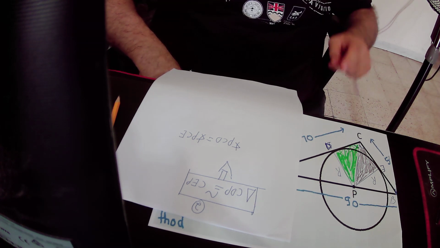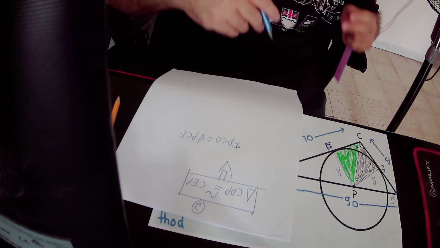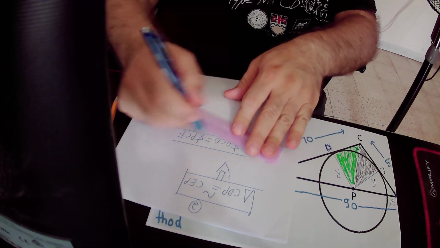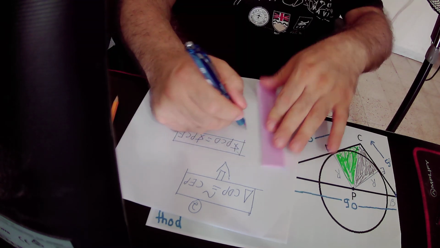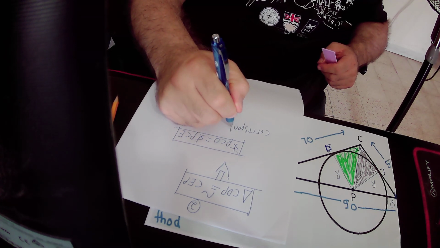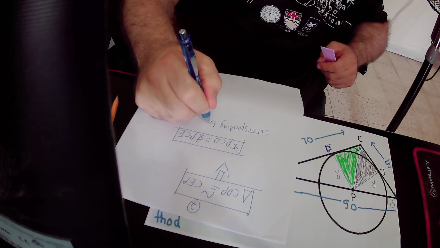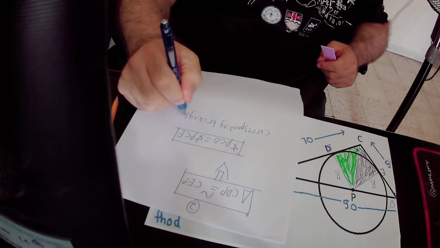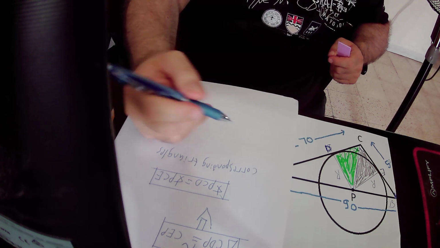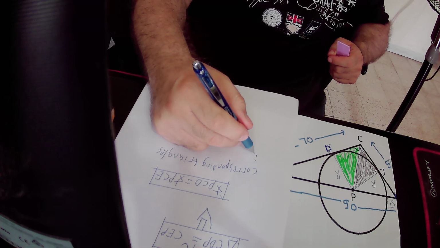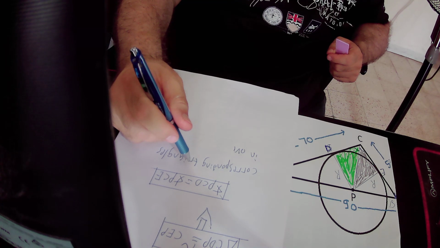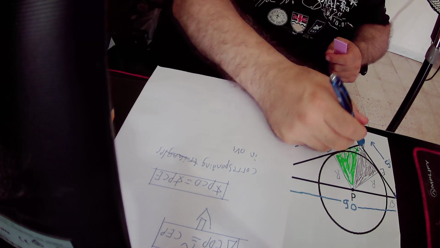Therefore, those two triangles are corresponding triangles, and those two angles are corresponding angles.